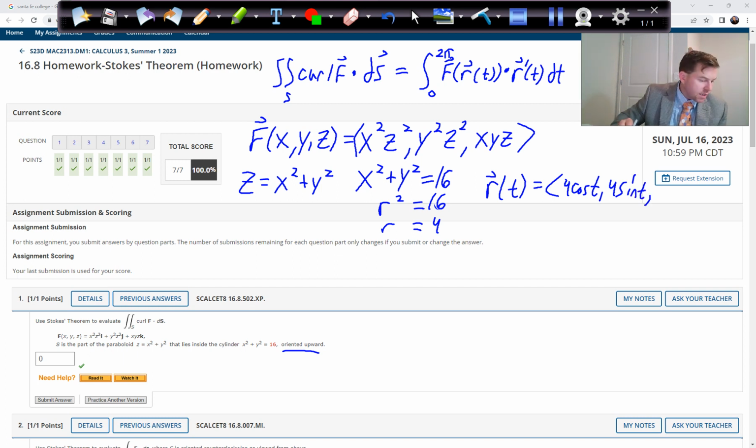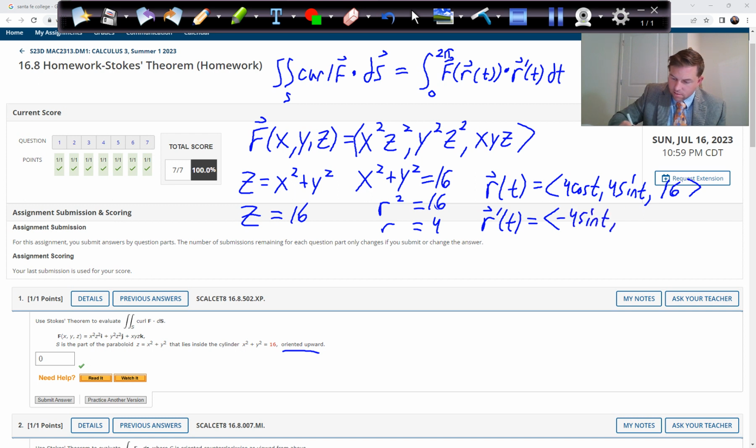Now z is the one that gets messy. Maybe not though. If z is x squared plus y squared, and x squared plus y squared is 16, then z has to equal 16. Then we find r prime of t. That's pretty simple: minus 4 sine t, positive 4 cosine t, and 0.